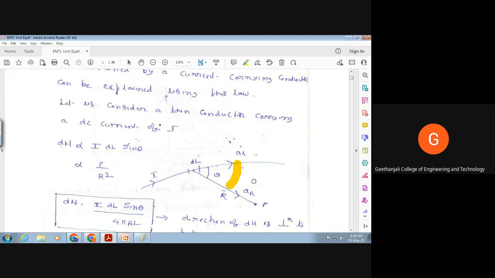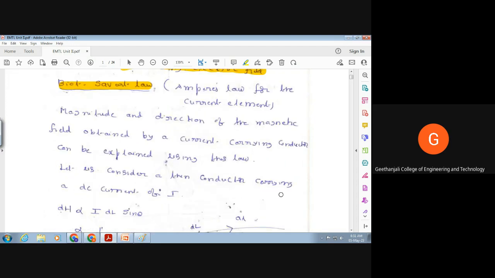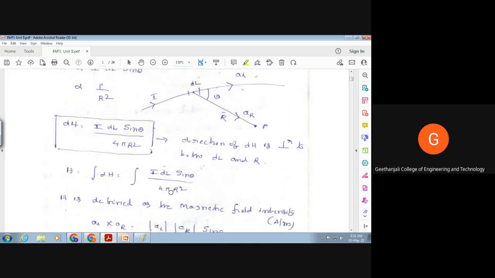In this case it is an inward normal. So in general, in whatever direction the screw progresses when you turn the screw from dl to r, that would be the direction of the magnetic field intensity. So dH is given by I dl sin theta by 4 pi r square, that is the magnitude, and direction of H is perpendicular to both dl and r.